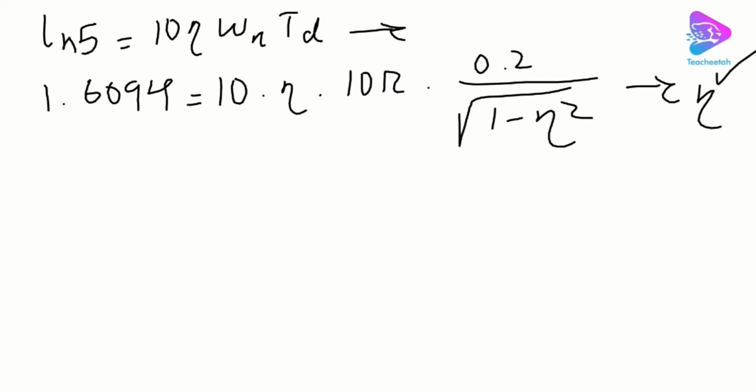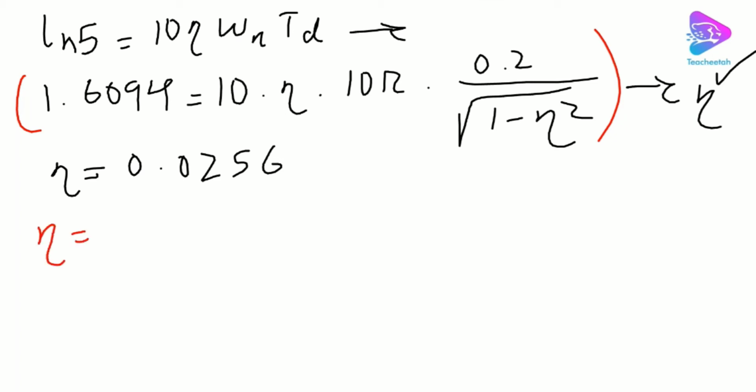If we further simplify it, we just need to do some multiplication and squaring both sides. We can find zeta as 0.0256, and it has no units. As you can see, the only variable is zeta here. We can find it. So we found zeta.